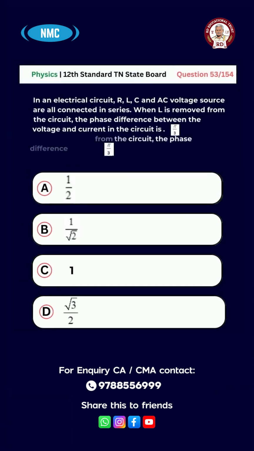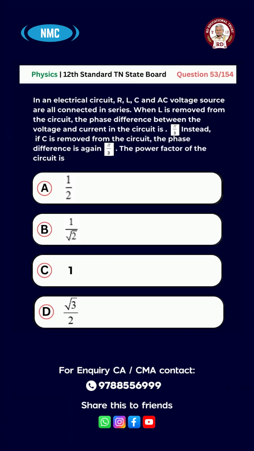Question number 53. In an electrical circuit, R, L, C and an AC voltage source are all connected in series. When L is removed from the circuit, the phase difference between the voltage and the current in the circuit is π/3. Instead, if C is removed from the circuit, the phase difference is again π/3. The power factor of the circuit is option A, 1/2, B, 1/√2, C, 1, D, √3/2.